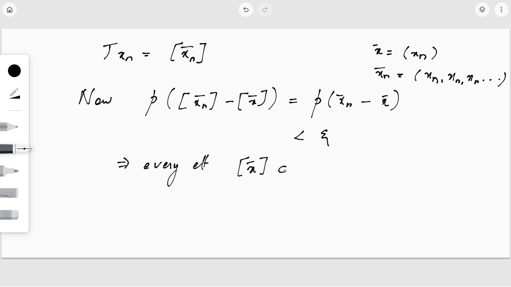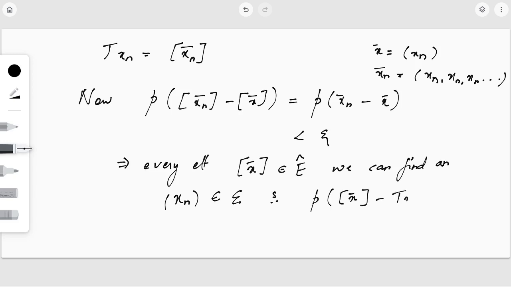So this implies for every element, coset x bar which belongs to E cap, we can find a sequence belonging to script E such that P of x bar minus Txn is less than epsilon. That is, Txn is none other than xn bar.